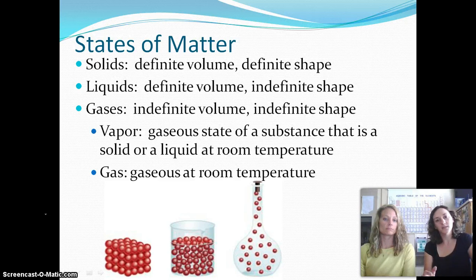Now, water vapor is odd because we know that humidity is due to water vapor in the air. So maybe that's a bad example. Yeah, it works. There's always different things for everything. So just know that vapor comes from once you actually move something from a solid or liquid into the gaseous state. Whereas something at room temperature that is already a gas is called the gas.